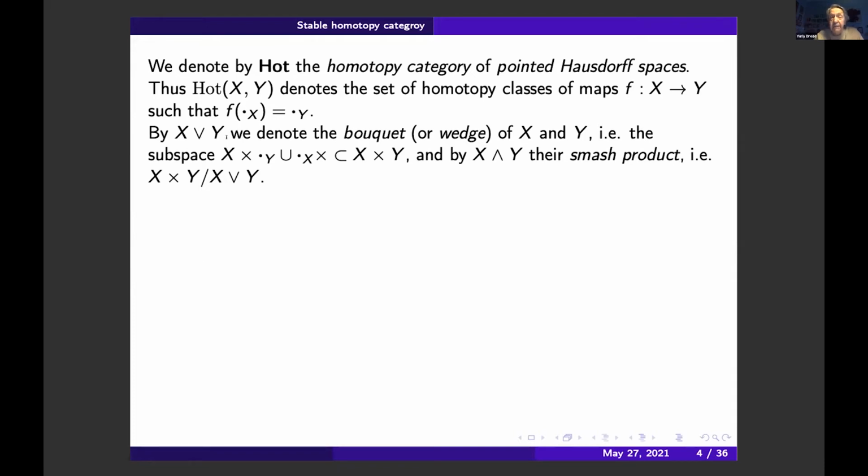By X ∨ Y I denote the wedge or bouquet of X and Y, and by X ∧ Y the smash product, that is the quotient of the direct product by the bouquet.